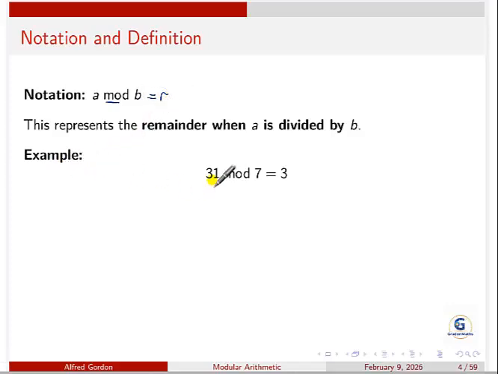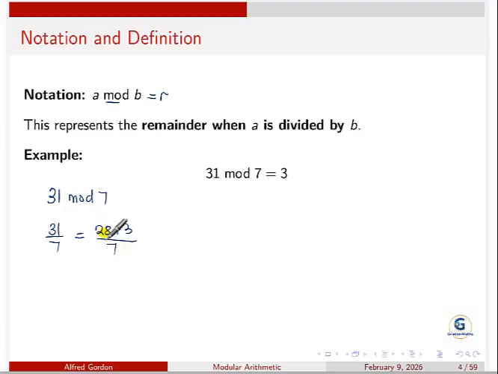For example, 31 mod 7. What we need here is, when 7 divides 31, what remainder do we get? Let's do some quick mathematics. 31 divided by 7: we know 31 is the same as 28 plus 3, all divided by 7.